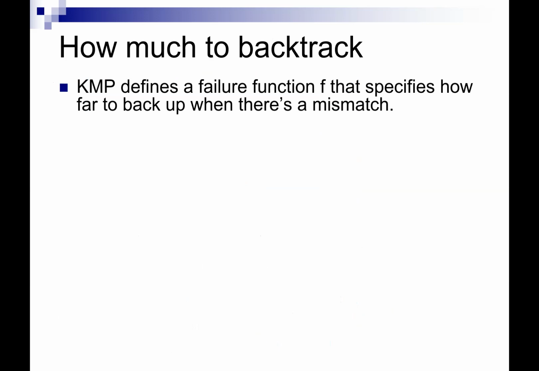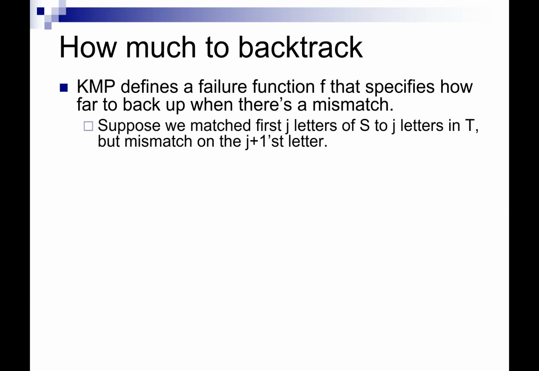All right, so now let's use this notation to figure out how far we can backtrack in the KMP algorithm. The KMP algorithm is based on computing a function called a failure function, f. This is going to tell us how much to back up each time we have a mismatch between S and T. f is a function just on the pattern string S. This function tells us how much to back up each time we get a mismatch.